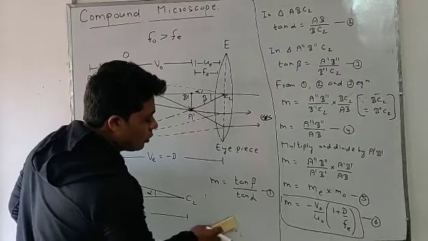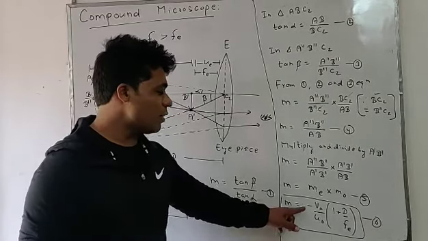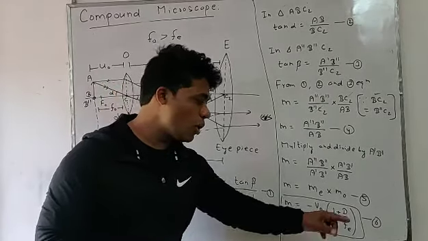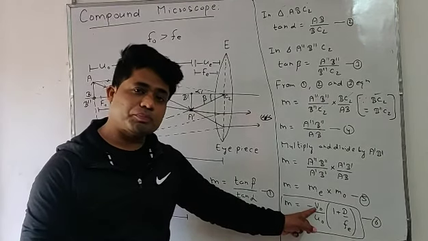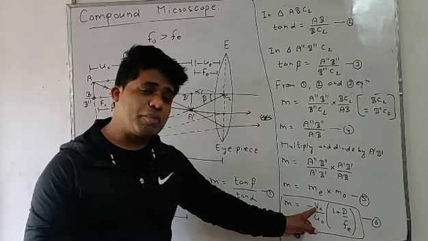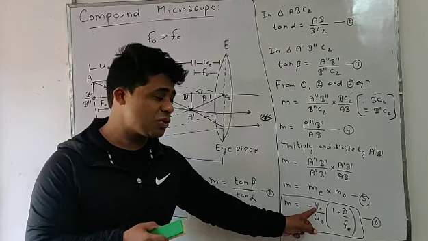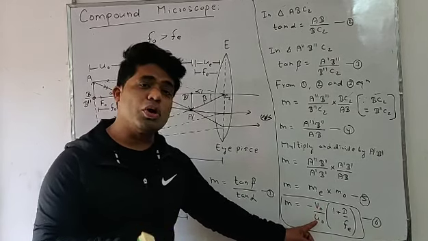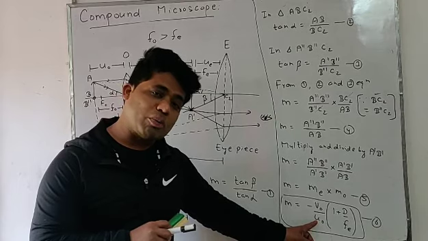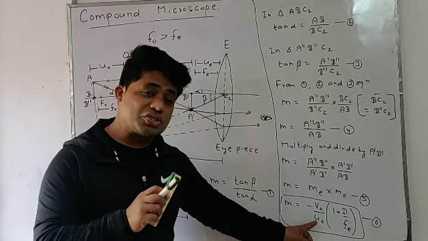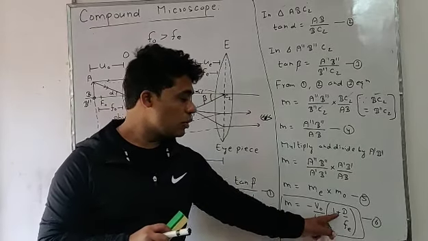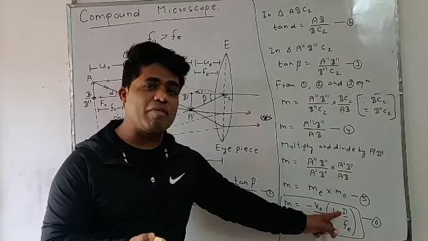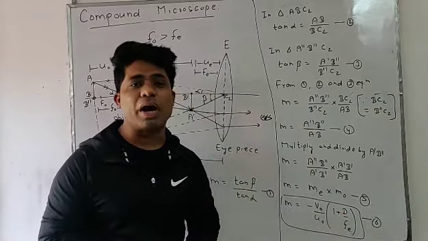So basically we got M equals minus V naught by U naught times 1 plus D by FE, where V naught is the image distance for the objective lens, U naught is the object distance for the objective lens, D is the least distance of distinct vision, 25 cm, and FE is the focal length of the eyepiece lens.